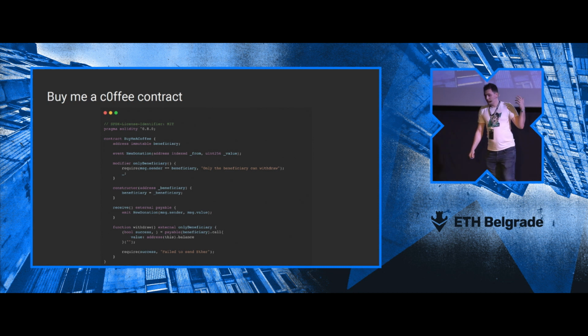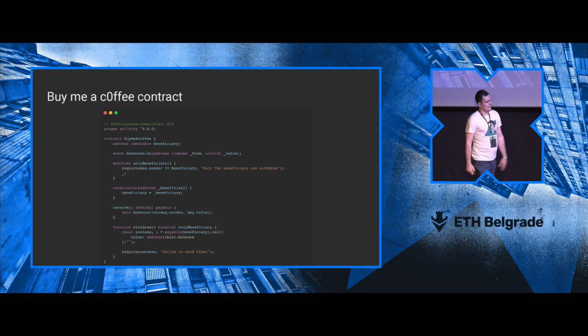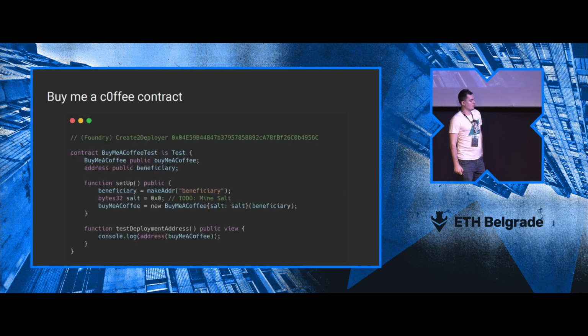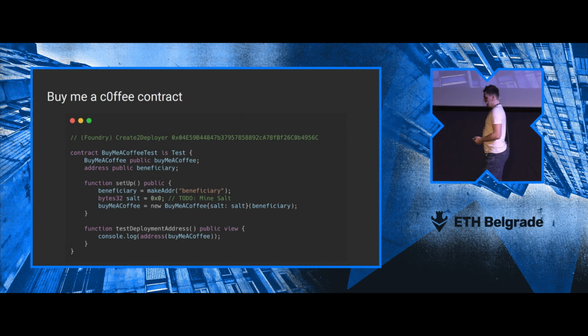We have this smart contract, so what we can do is calculate the init code hash, and we'll see about the deployer. This is what we want to accomplish in our test. This is a simple dummy test written in Foundry. Some setup is over there, and what we want in this test deployment address function is to console log the address of the to-be-deployed smart contract, and to see that it indeed ends with the word coffee, or C0FFEE.